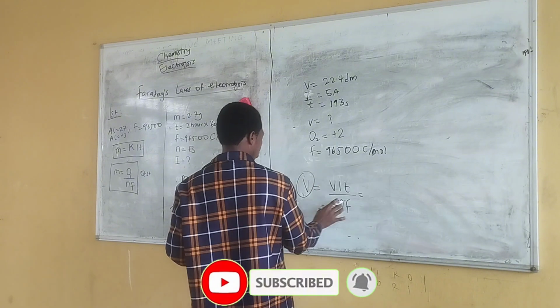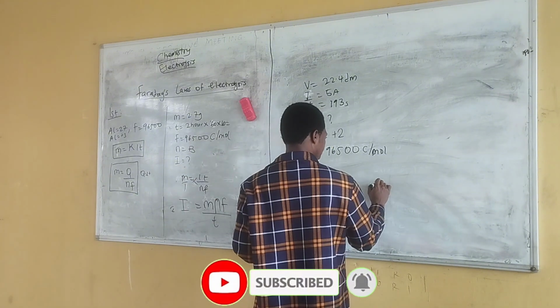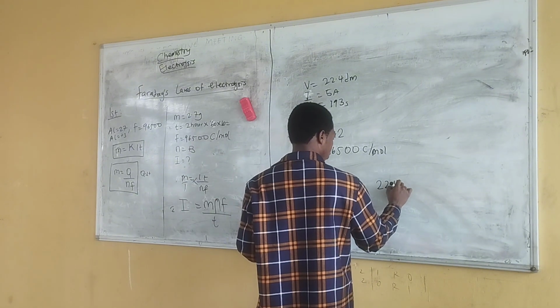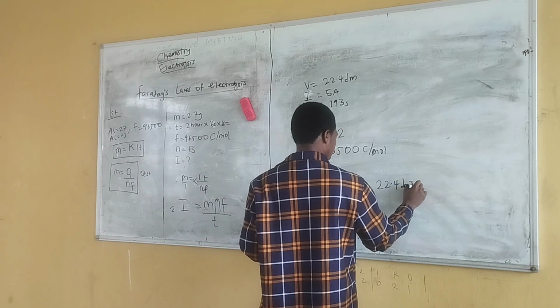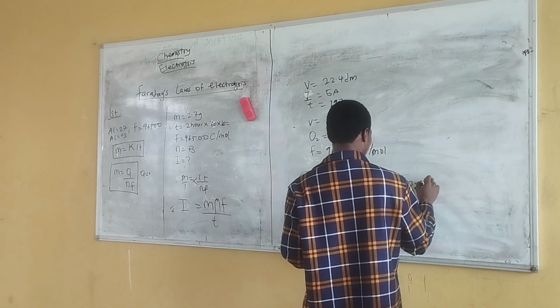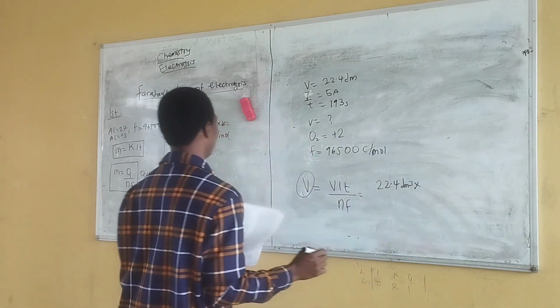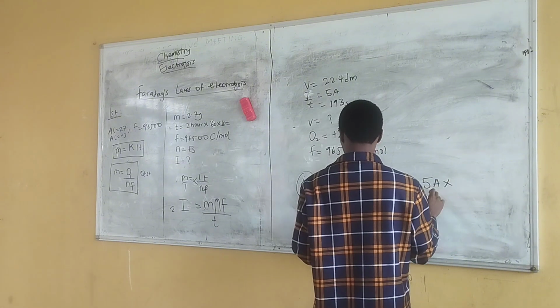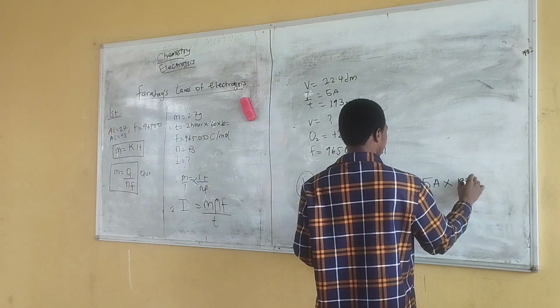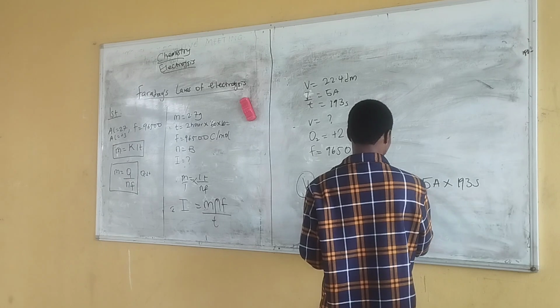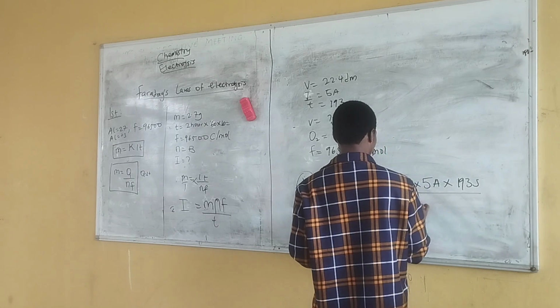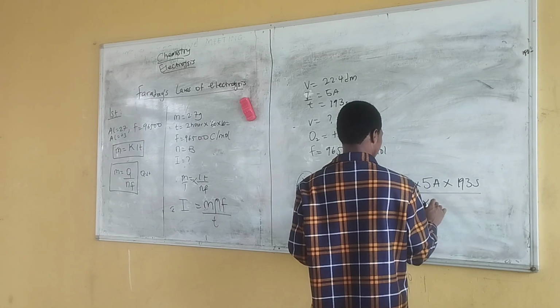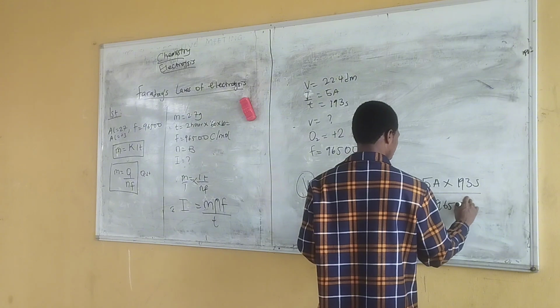You're looking for this V. The first V there is 22.4 dm cube times I. Oh okay, I is given. Sorry, that is I times T. Now they have changed the T to seconds already, so no need of changing it. Over 3 over 2 times 96500.